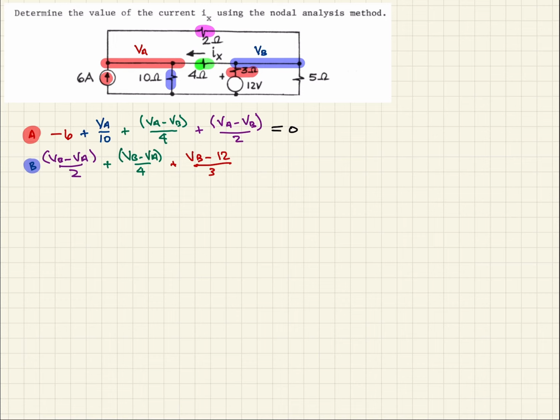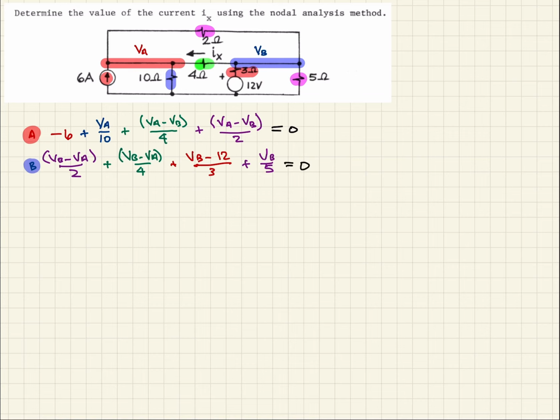And then finally, we're going to have this 5 ohm resistor here. To characterize that, that's just going to be VB over 5. And so we set that equal to 0.